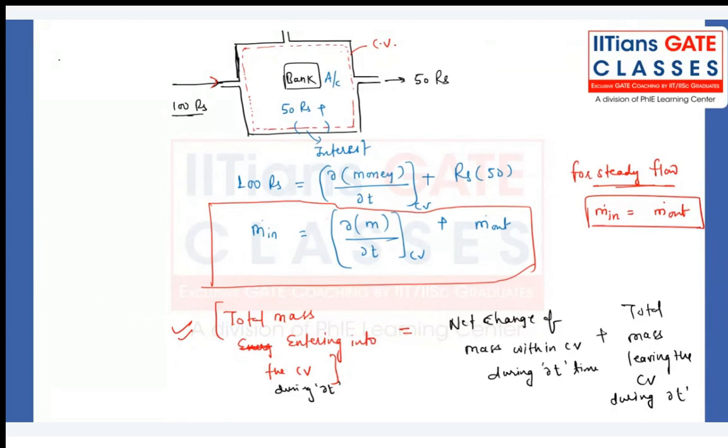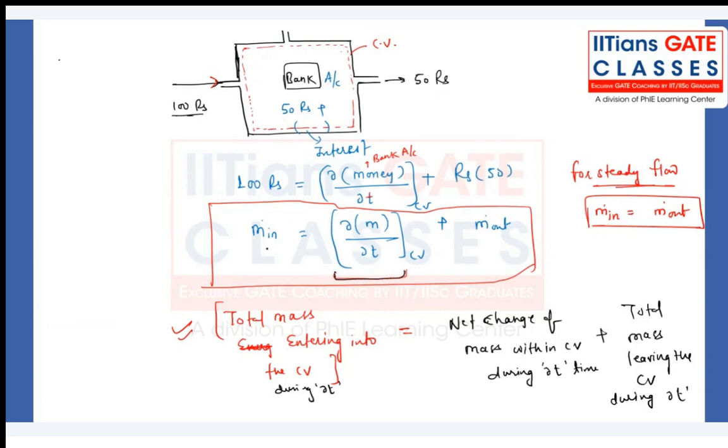Whatever money there is in your bank account, that is what is changing with respect to time. That means the money which is left out plus some interest together gives the value of this particular term. So don't think that it is giving you only the interest. It is giving you interest plus the amount which is left after withdrawing a certain amount. Otherwise you will not be able to understand why this extra term is coming.